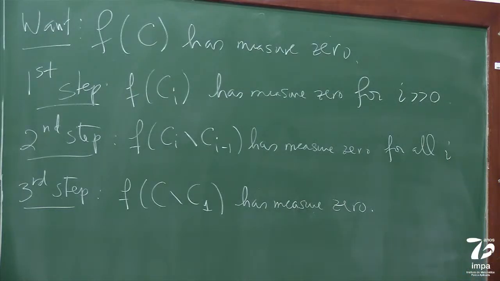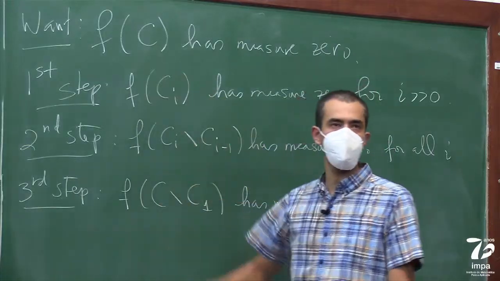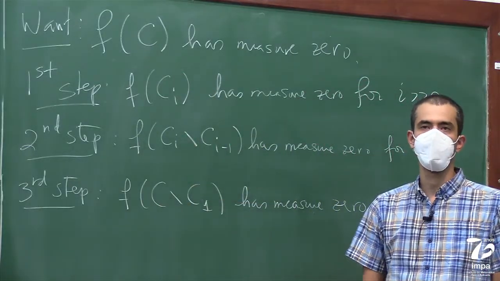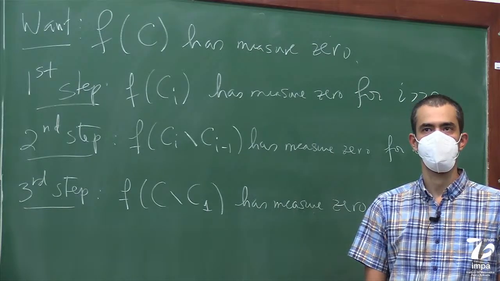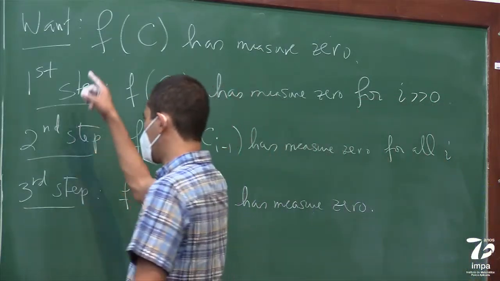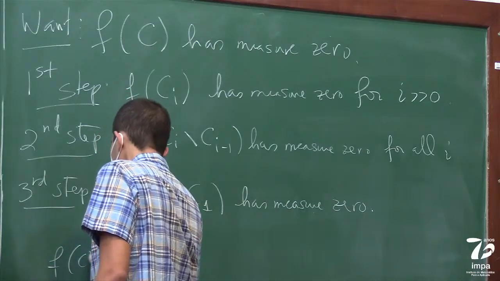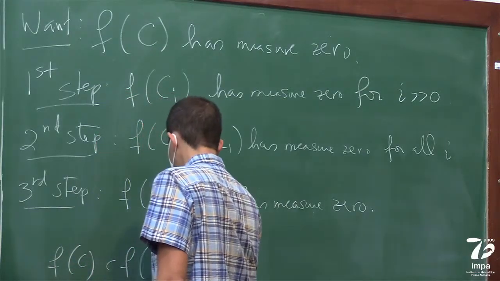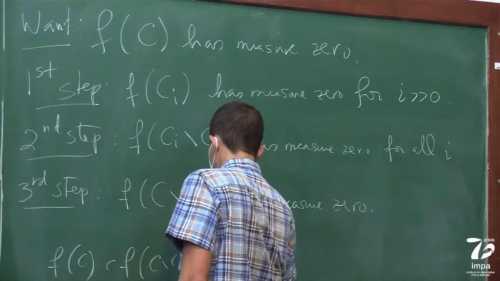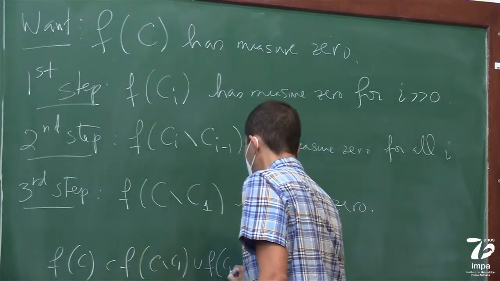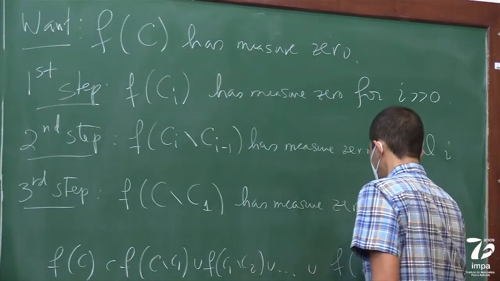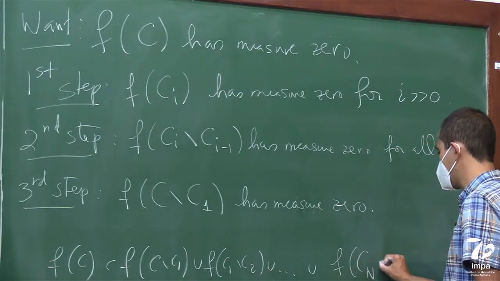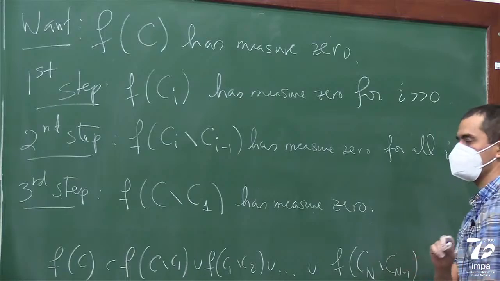So knowing this, now we can write f of C as the union of finitely many sets of measure 0. If you combine these steps, then f of C is contained in f of C minus C1, union f of C1 minus C2, etc., union f of C big N minus C n minus 1.